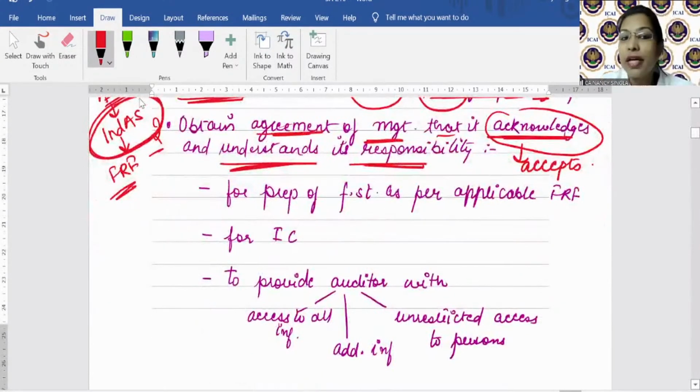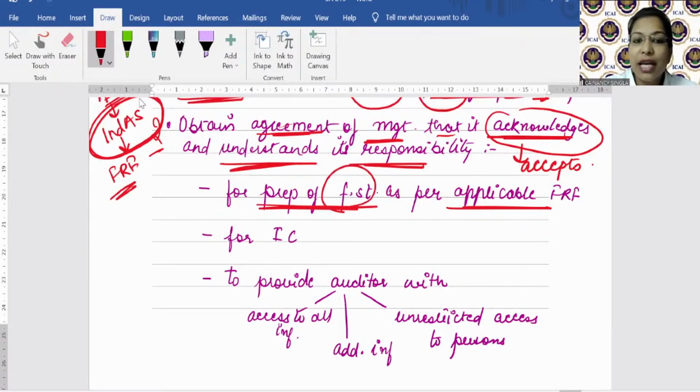That you are responsible for preparation of the financial statement as per the applicable FRF. Don't tell us tomorrow that you are doing the audit, so make the financial statement also. That you acknowledge, that is, you accept, and you understand also that it is your responsibility to prepare the financial statement as per the applicable FRF, and to implement the internal control.